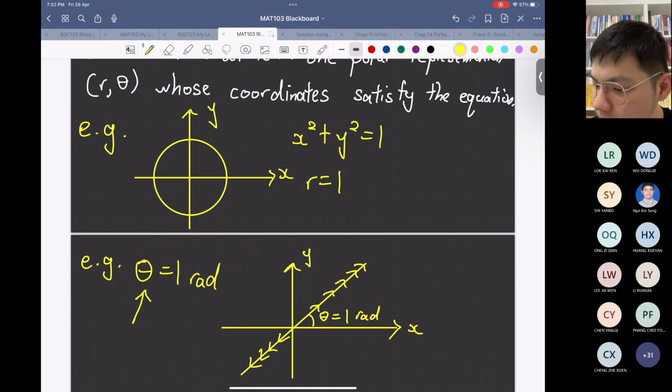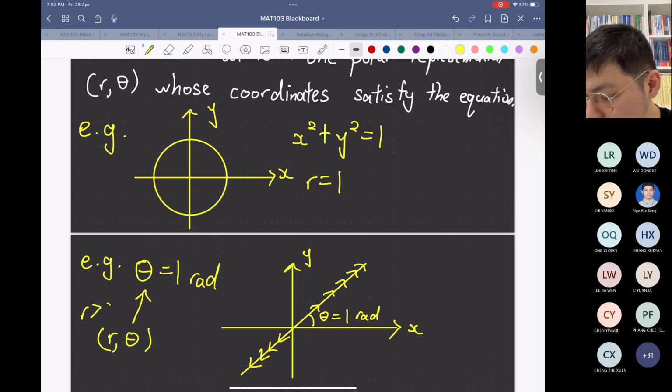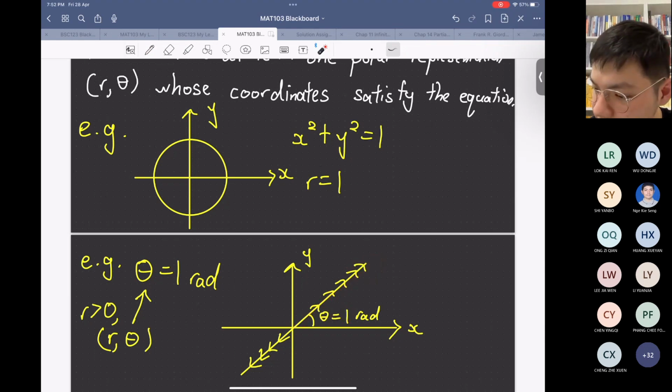So how about negative? If r is positive, I think this is easier to understand, because you form a positive angle theta equals 1 and take all the positive radius. But how about negative radius?